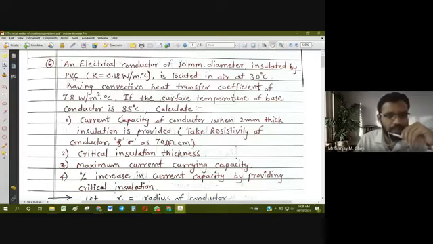PVC is a short name for polyvinyl chloride, a plastic material, having conductivity K of 0.18 watt per meter degrees Celsius, is located in air at 30 degrees Celsius, having convective heat transfer coefficient of 7.8 watt per meter square degrees Celsius. If the surface temperature of the base conductor is 85 degrees Celsius, then calculate. So these many things have to be calculated.